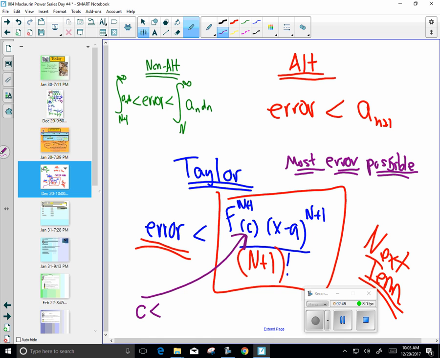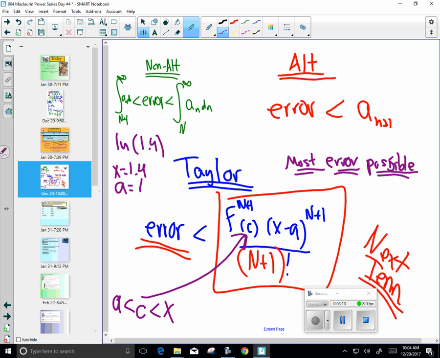C is going to be between x and a. And a was like, let's say we're estimating the natural log of 1.4. Well, x is 1.4. What's a nice number a that it's close to? 1. So C is going to be somewhere between 1 and 1.4.